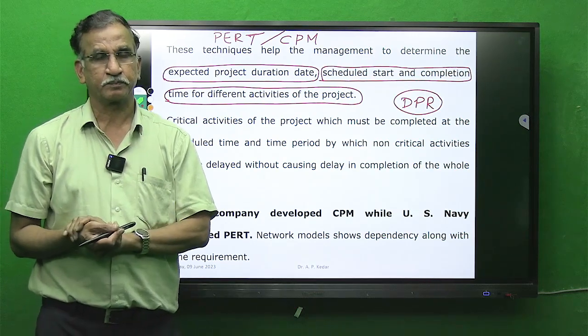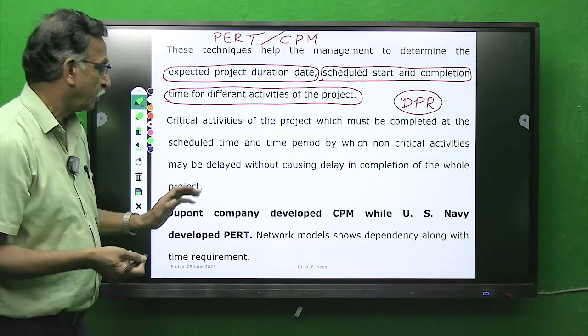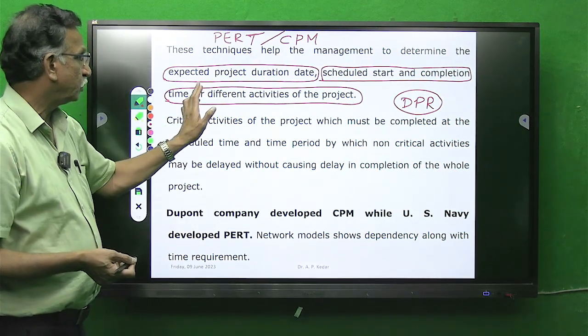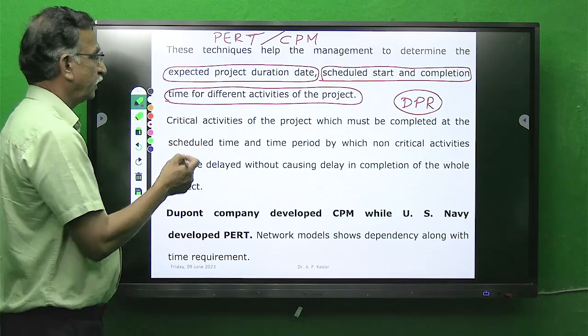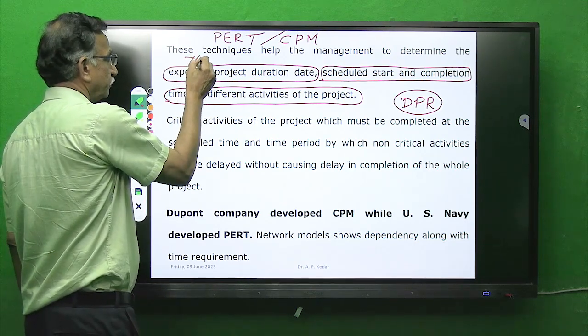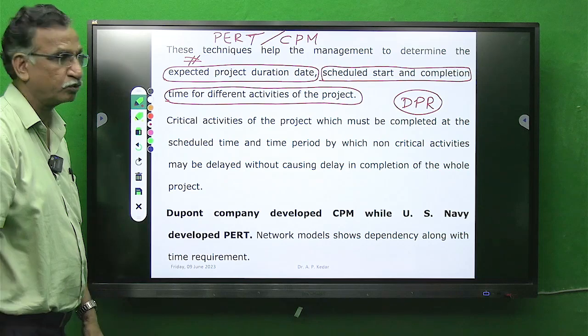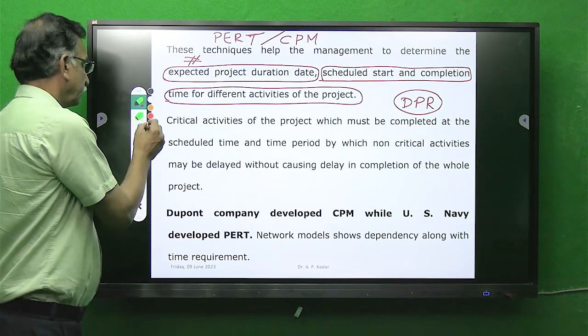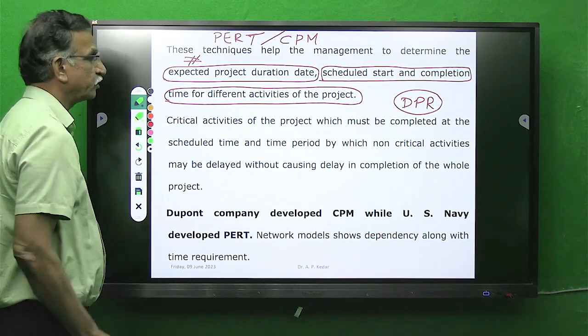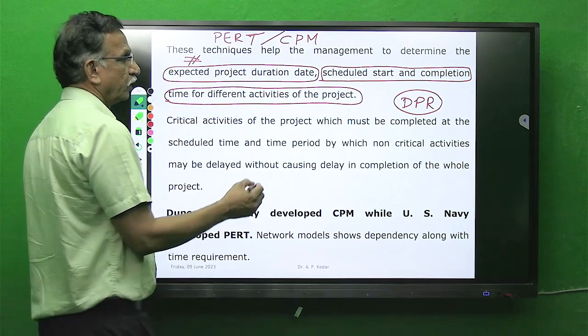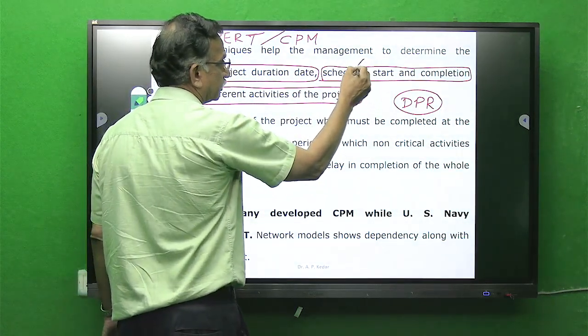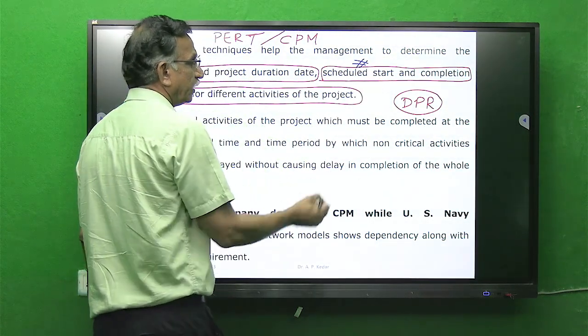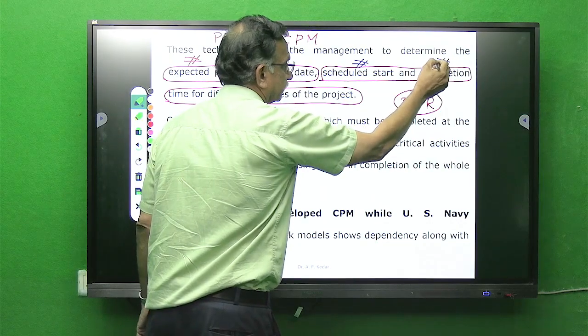Time is a constraint. So the project planner has to give the expected project duration date, that is the time frame within which you will be completing that project: when you will be starting that project, when you will be completing that project.